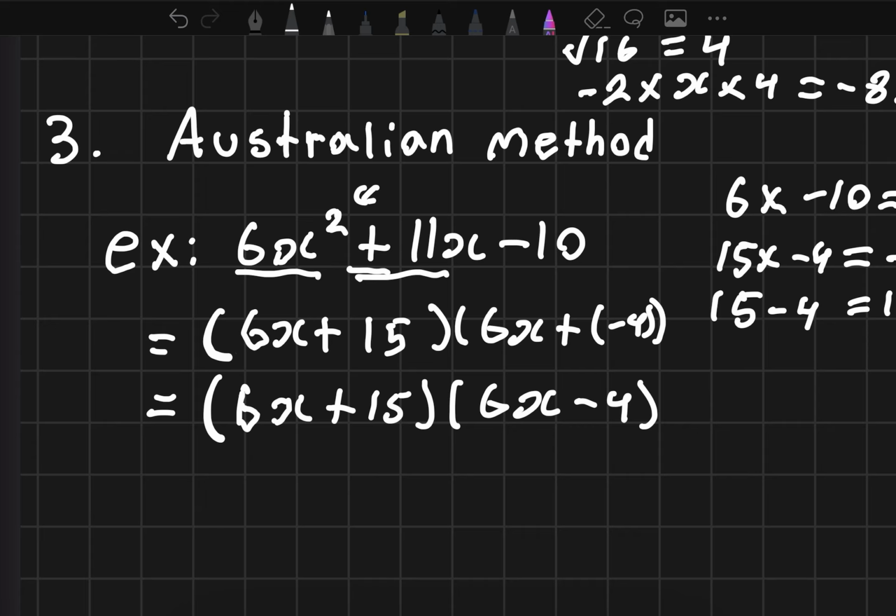Now you might be wondering, these can still be simplified or factored, but you wouldn't factor these out. Instead, you divide by the common factor. For the first bracket, the common factor is 3, so you divide it by 3. For the second factor, the common factor is 2, so you divide it by 2.